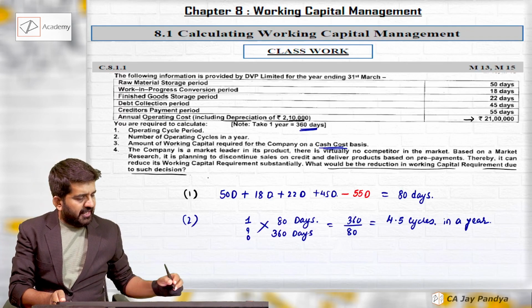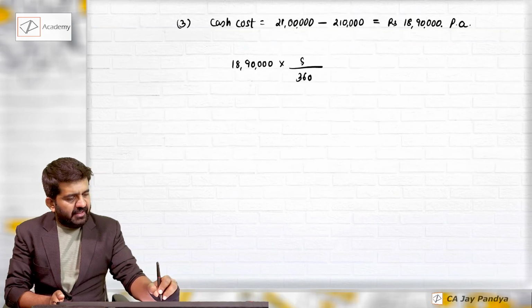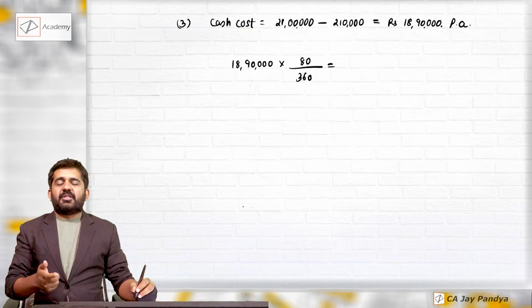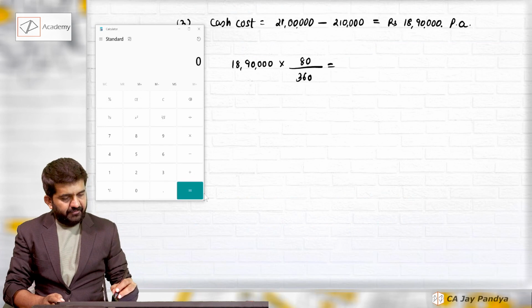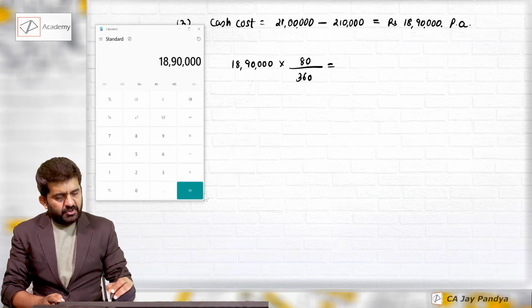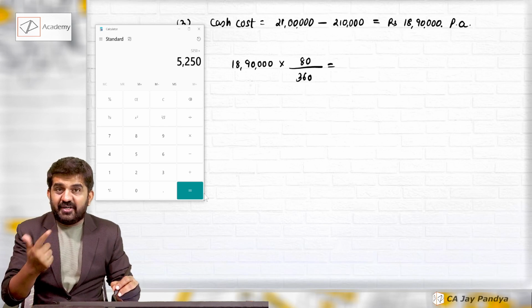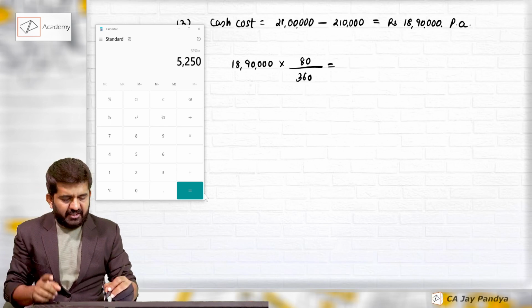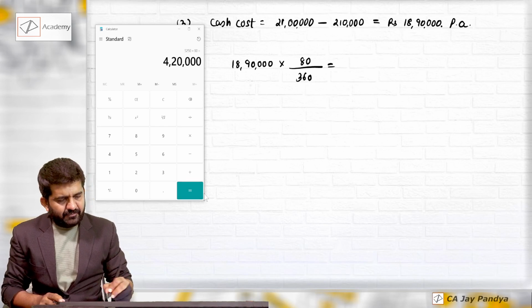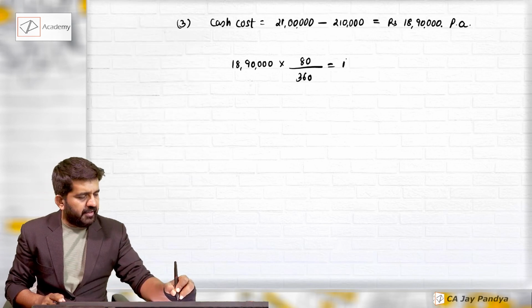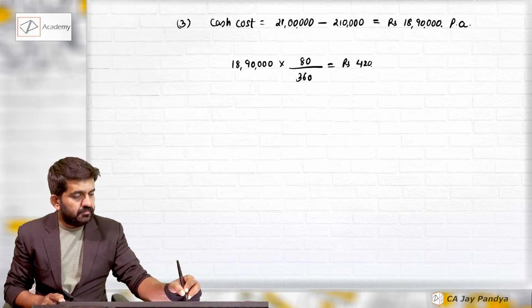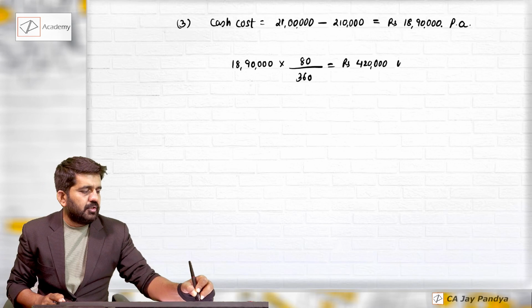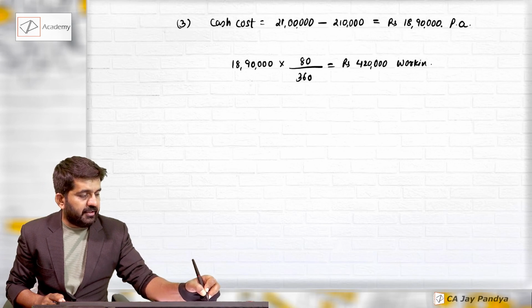What is working capital cycle period? 80 days. Then this will be nothing but my working capital requirement. 18,90,000 divided by 360 is cash cost per day. And how much time it takes to recover money is 80 days. 4,20,000. This is working capital requirement.